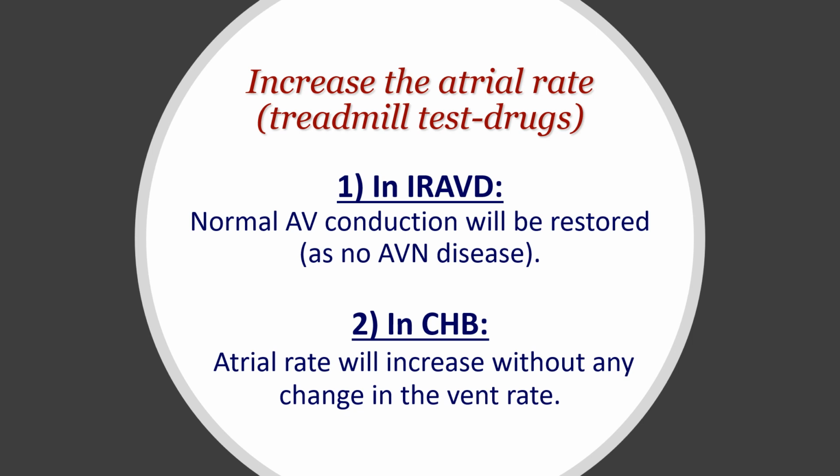So this is how to differentiate the two conditions, and it is really important because isorhythmic AV dissociation is a very benign condition, and you can easily send patients home with it. While complete heart block is a serious condition that usually requires a pacemaker and requires a hospital admission all the time. So by all means, you have to differentiate the two, and this is how to do that.